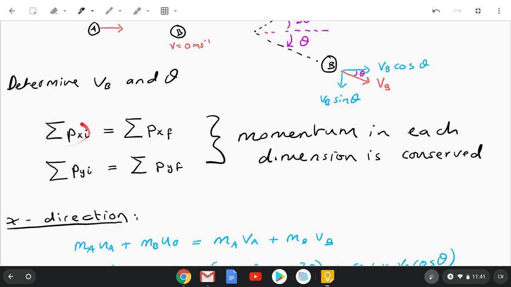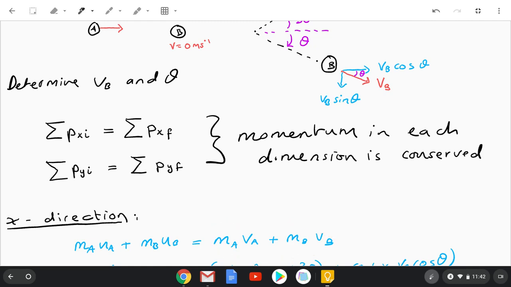The momentum in the x direction initially, meaning the momentum of A plus the momentum of B initially, is equal to the momentum of A and the momentum of B afterwards, or finally.